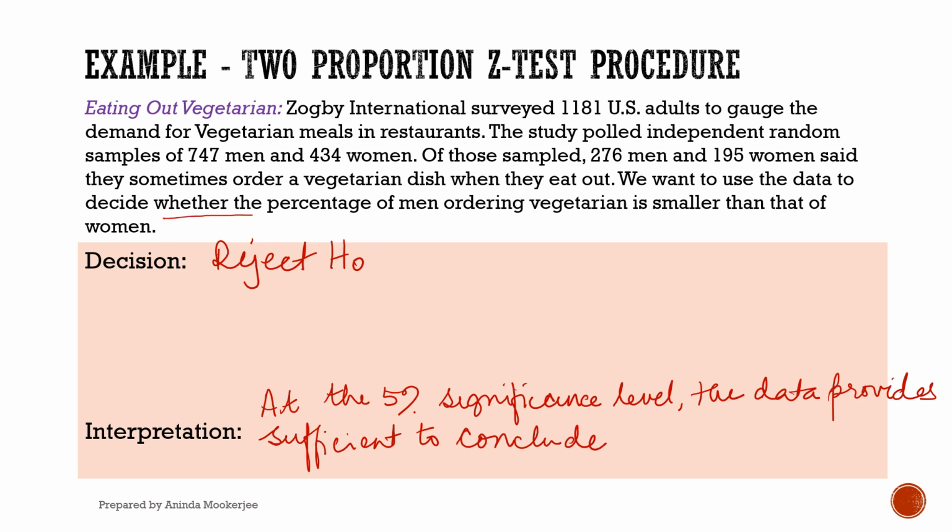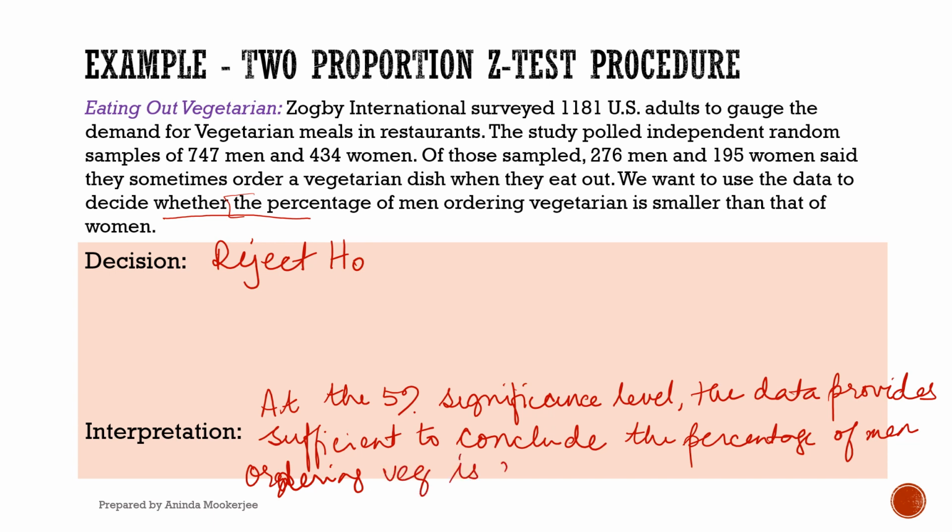To decide whether the percentage, so to conclude the percentage of men ordering vegetarian is smaller than that of women. All right, that's the complete interpretation of the hypothesis test we just performed.